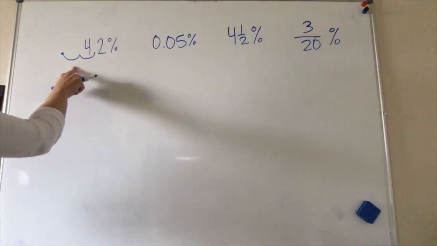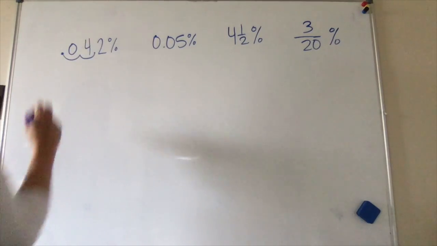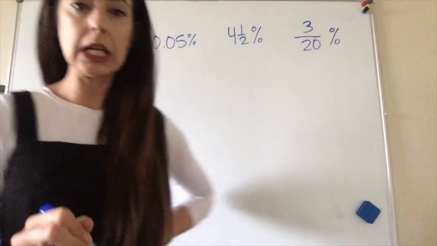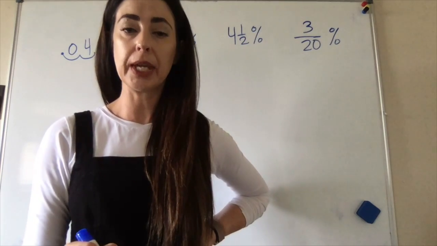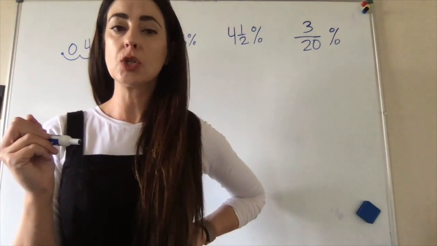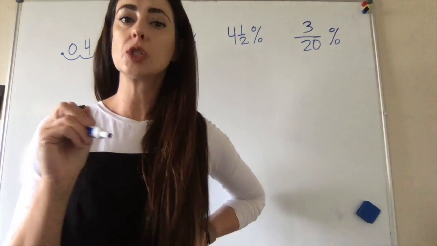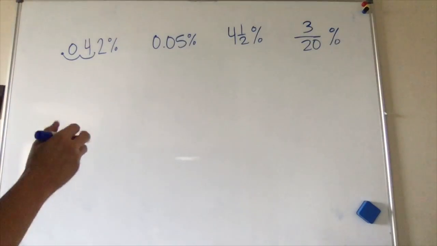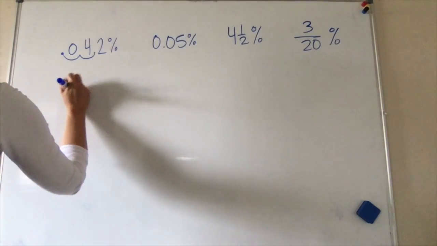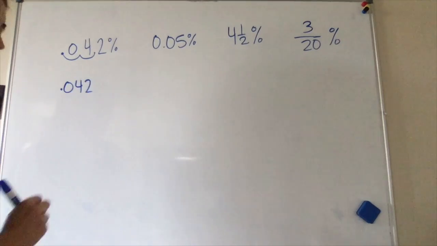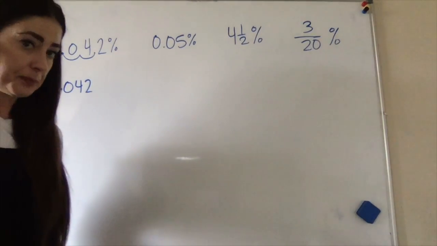Now, if there's an empty place value, we fill that in with a 0. If you were asked to find 4.2% of something, you would divide by 100, move the decimal place 2 spots, and then multiply by 0.042 or 42 thousandths, okay?